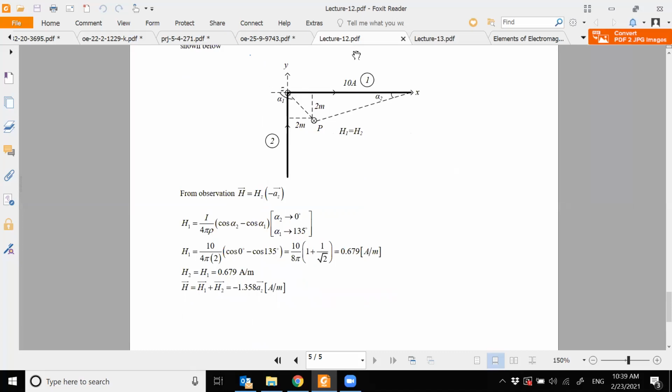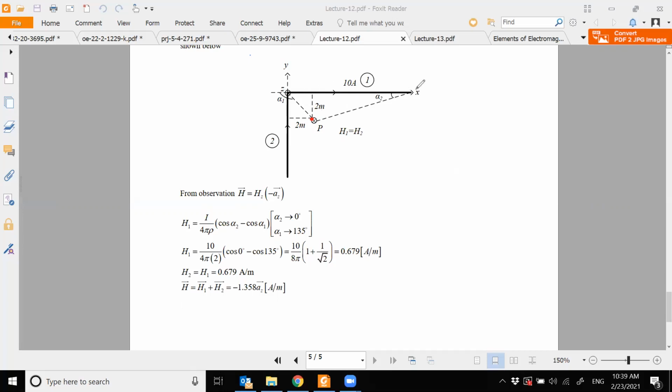You have one semi-infinite line here and one semi-infinite line here. They are put in Cartesian coordinates, and you are asked to find what is the magnetic field at this point P. This is 2 meters, and this is 2 meters.